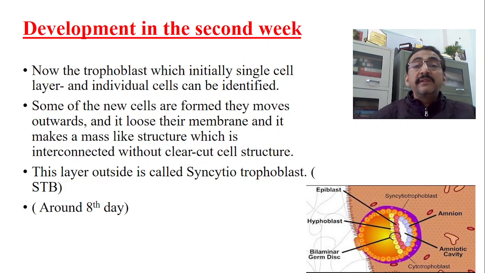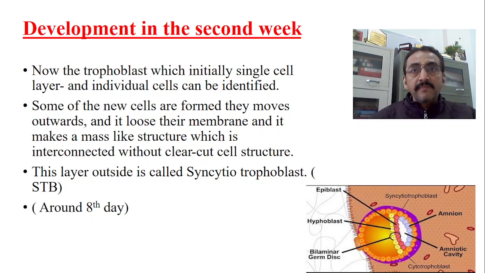The trophoblast is initially a single cell layer, and individual cells can be identified. In the beginning of development, the outermost layer, the trophoblast, is a single cell layer. Now, as the days pass, after the second week, some new cells are formed and move outwards.